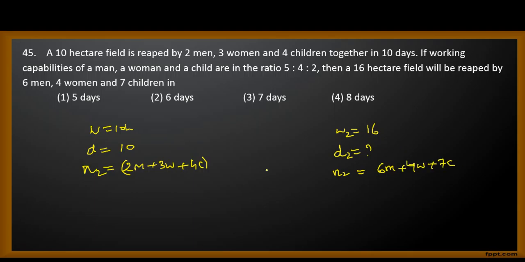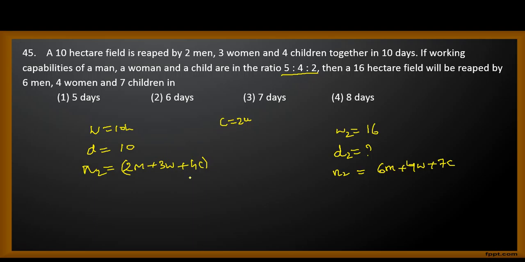Okay. Now look at the information given. If the working capabilities of a man, a woman and a child are in the ratio 5:4:2, if a child does 2 units, then a woman can do 4 and a man will do 5 units. Assume that a child is doing 2 units per day.